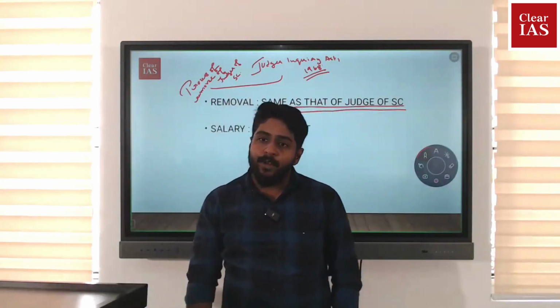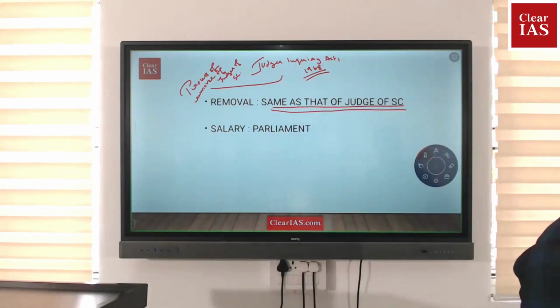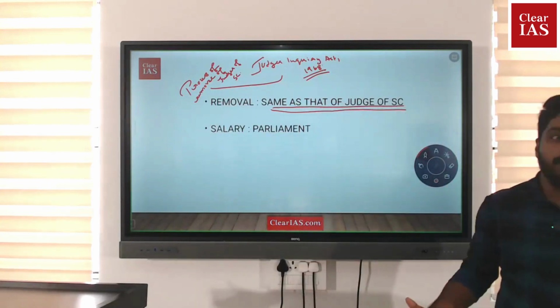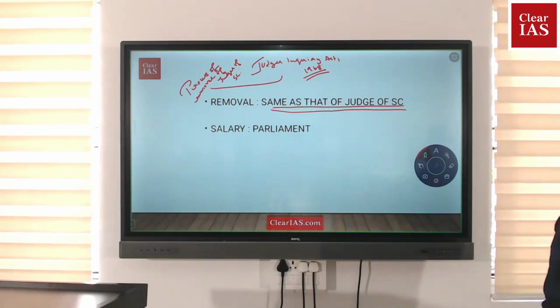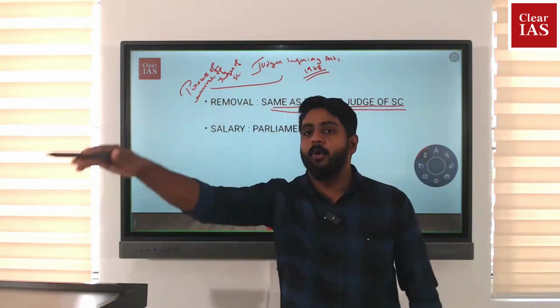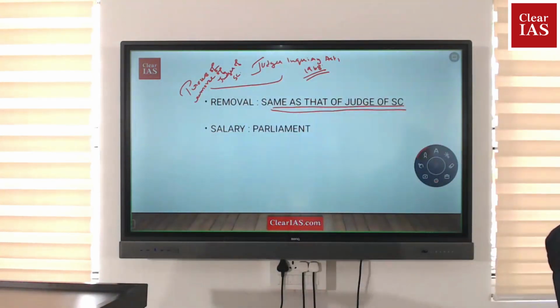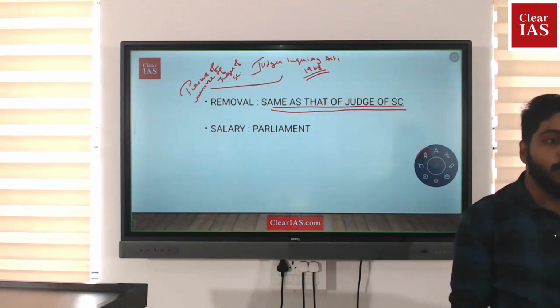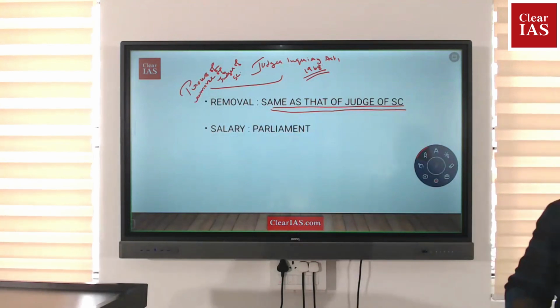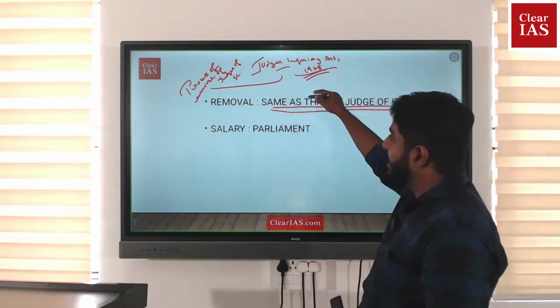But the ground for the removal of the judges of the Supreme Court is mentioned in the Constitution. It is proved behavior and misbehavior and incapacity. So those grounds are mentioned, but the process you have to follow, what kind of majority, where it needs to be started, how many of them need to be supporting this proposal, all those kind of things are in fact provided in the Judges Inquiry Act of 1968.